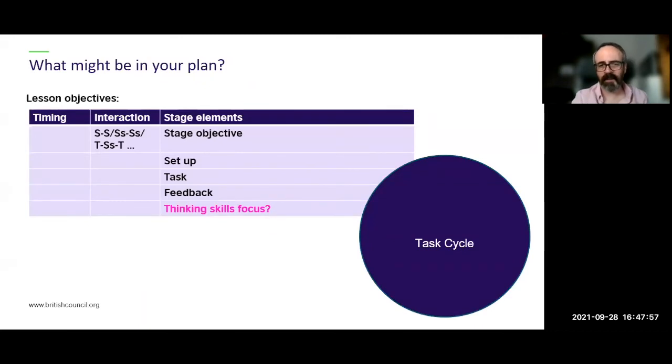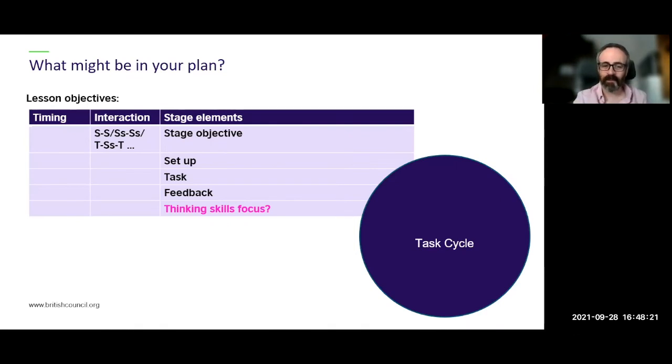So how does that build into our planning? Well, this is a common lesson plan stage. And again, as teachers, we often don't have time to write out detailed full lesson plans, but these are common aspects of a lesson plan that you might see certainly in a stage. You have the stage objective, which I do think is important, but I don't see very often.